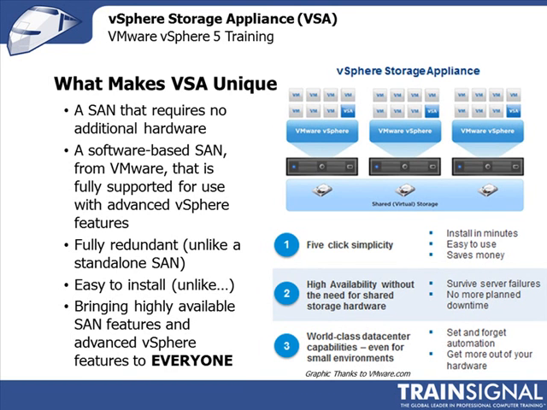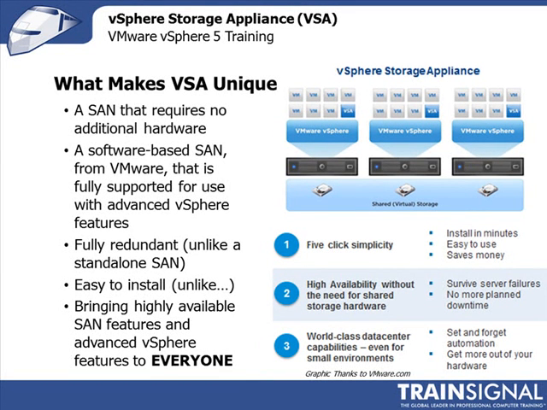They say it has set-and-forget automation, and you can get more out of the local storage that's on your hardware. And to me, one of the coolest things about the VSA is it's a software-based SAN from VMware that's fully supported for use with advanced vSphere features. So yeah, you could use a VSA from one of these other companies and run it as a virtual machine, and those advanced features in vSphere may work, but they're not going to be fully supported.